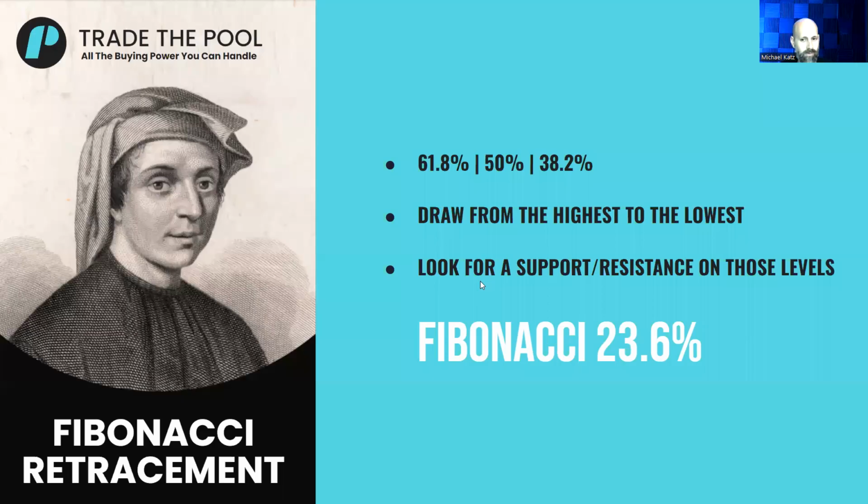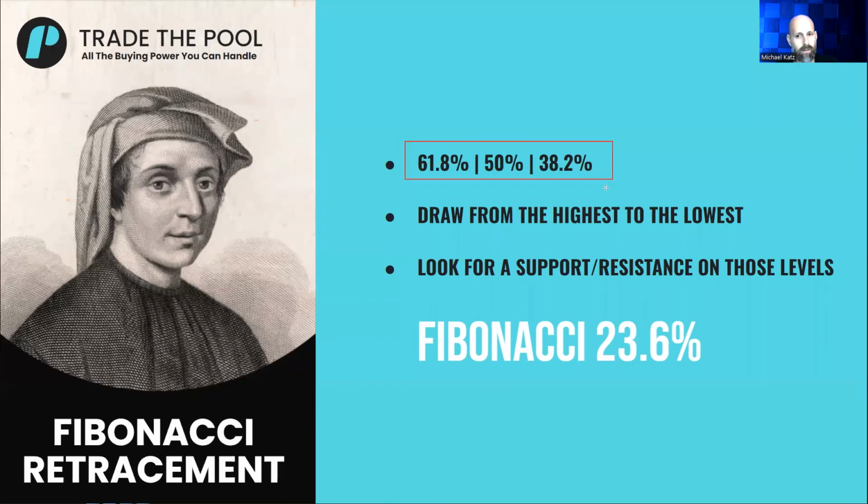So for those of you who can't really wait, let's talk about Fibonacci for a second. The thing about Fibonacci that most of you, and most traders all around the world, are familiar with are those three numbers, right? The 61.8, the 50, and the 38.2.